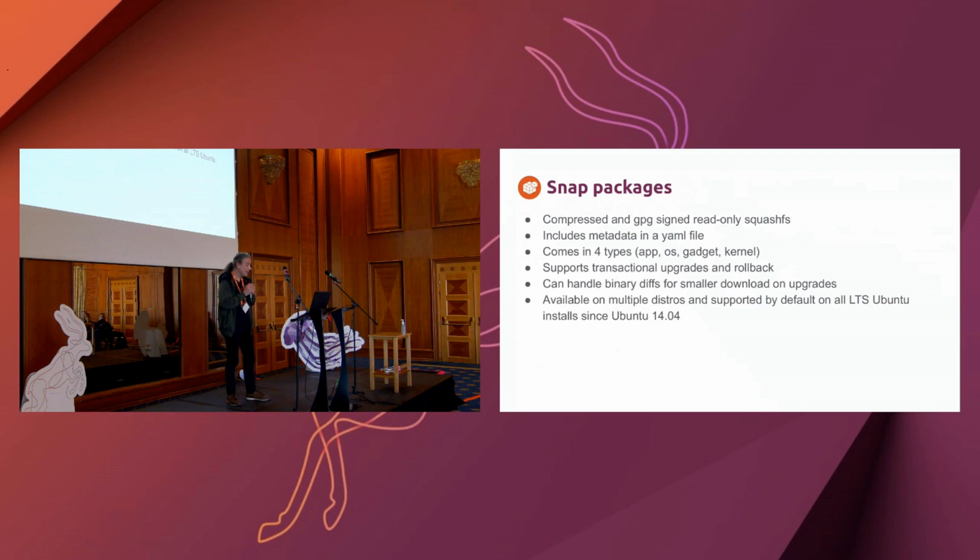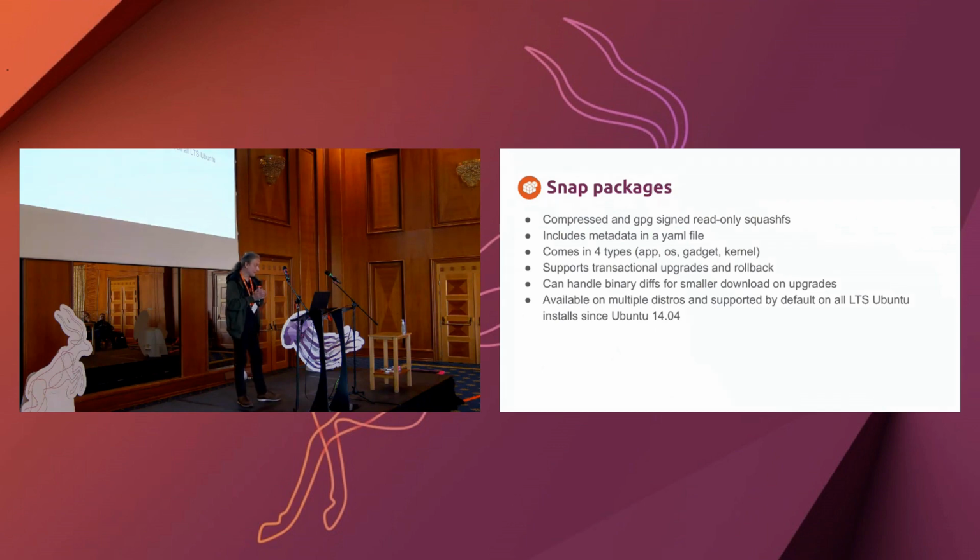That's the OS snap, which we call the core snap, or core20 or core22 nowadays. To build an image, you need more than that. Like, you want to boot, so you need a bootloader. You want to run your hardware, so you need a kernel. So this is where we come to the other types of snaps.